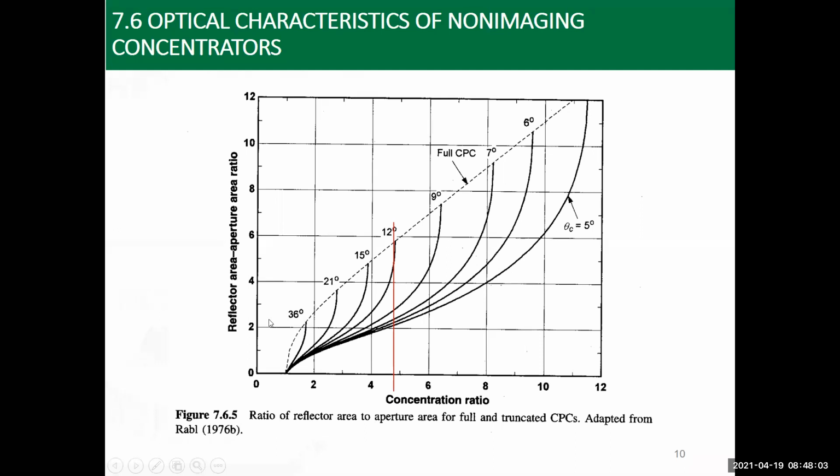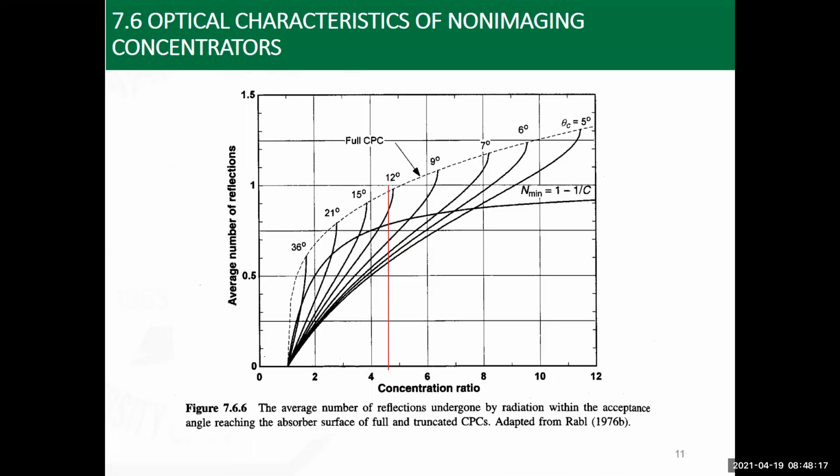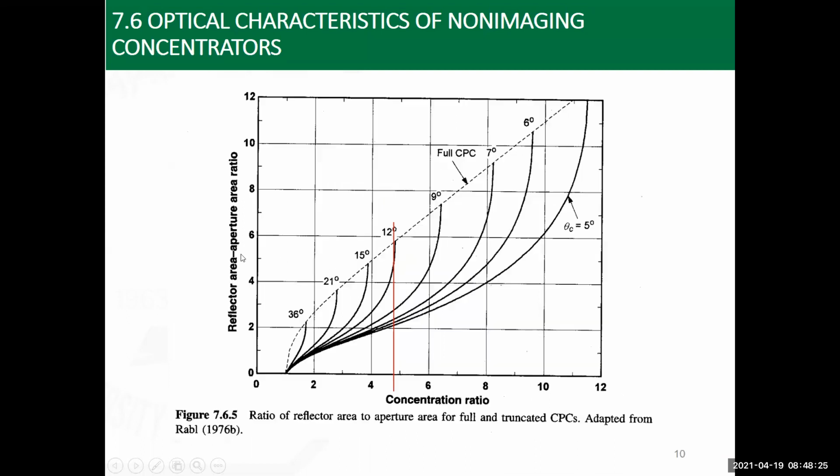And the ratio between h and the aperture area A can be obtained from here. Take a horizontal line from here until it intersects here, then it will be 2 point something, and according to this dash here, which is 3, we're talking about something close to 2.3 to 2.4. But then we can use it here for a concentration ratio of 2. You can determine what the average number of reflections will be.